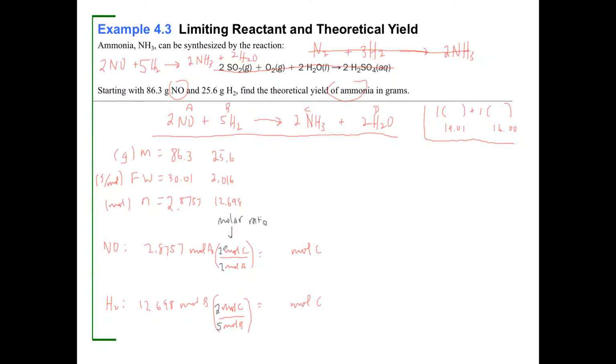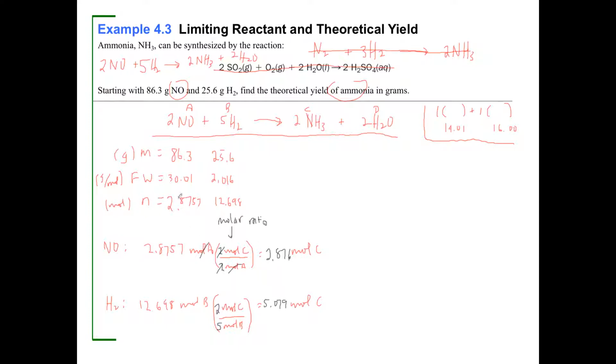All right. So it looks like these are going to cross off, and I'm going to be left with 2.876 moles of C. And this one I cannot do in my head. 12.698 times 2 divided by 5 is equal to 5.079.